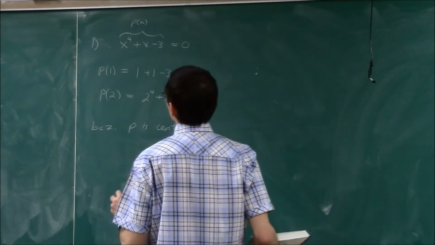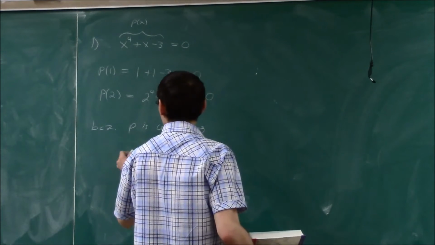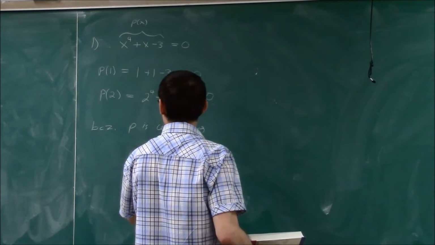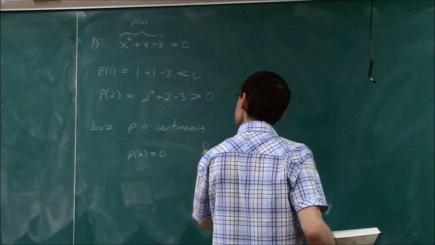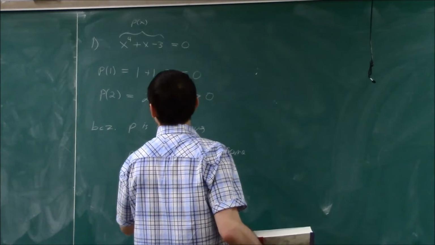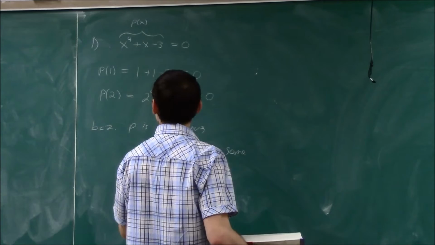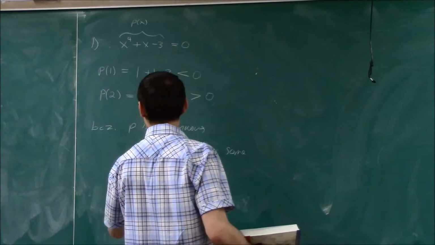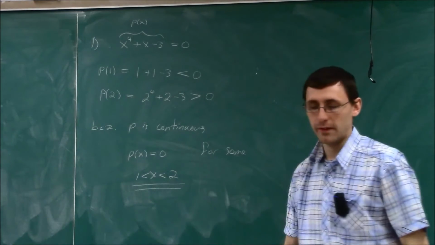because p is continuous, p of x is equal to 0 for some x between 1 and 2. And that follows from the intermediate value theorem.